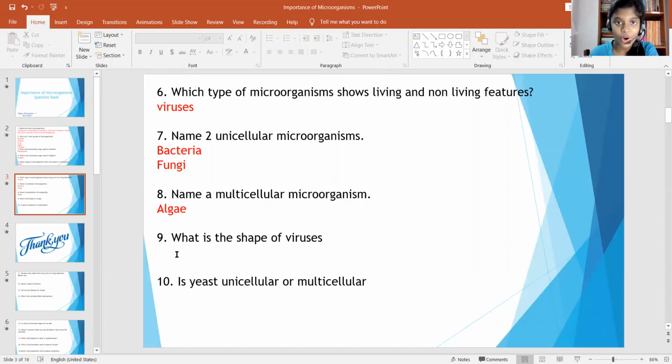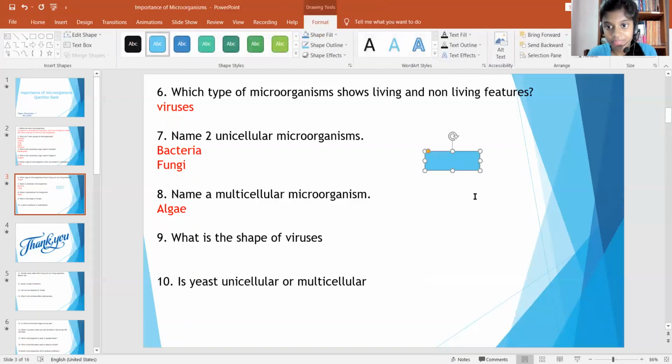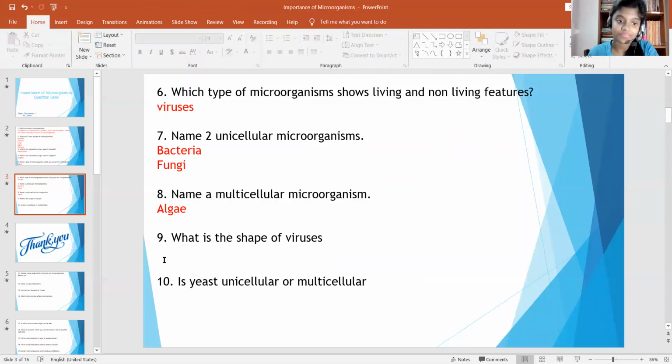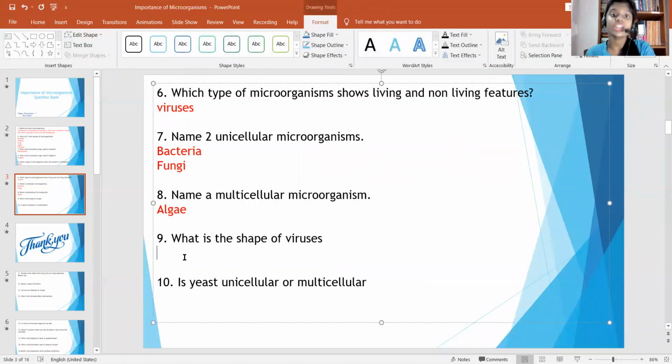What is the shape of viruses? Bacteria are shaped something like this, but viruses have a thorny shape.